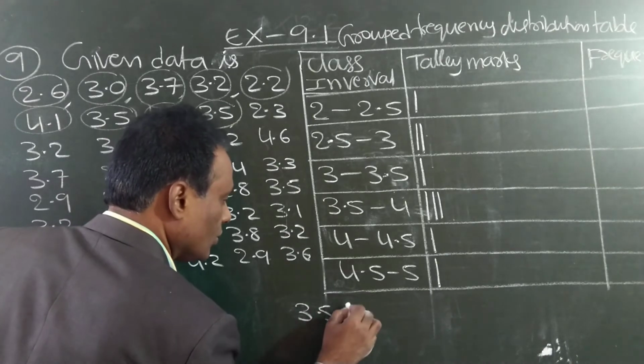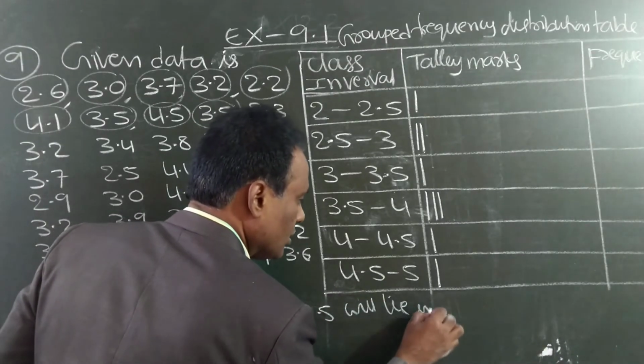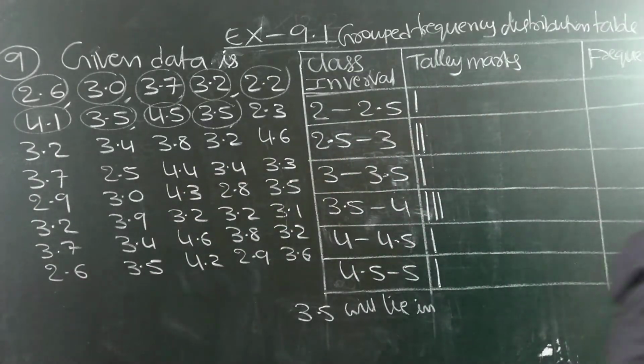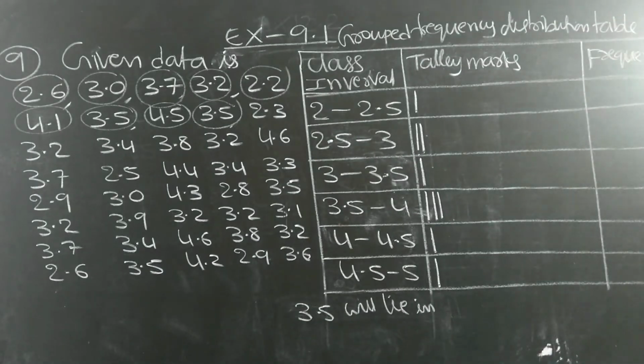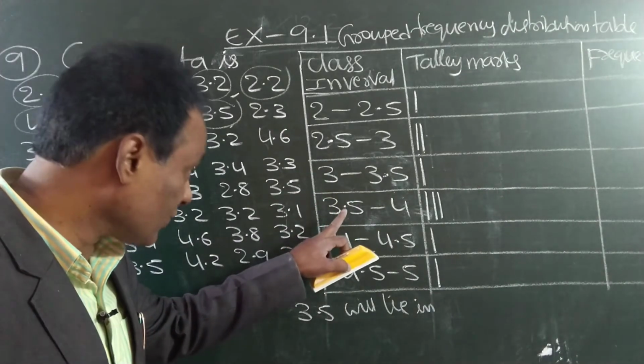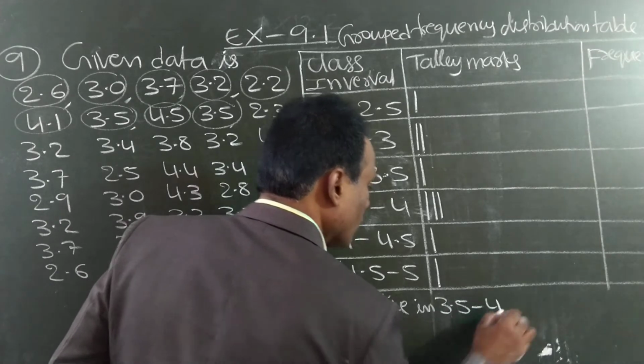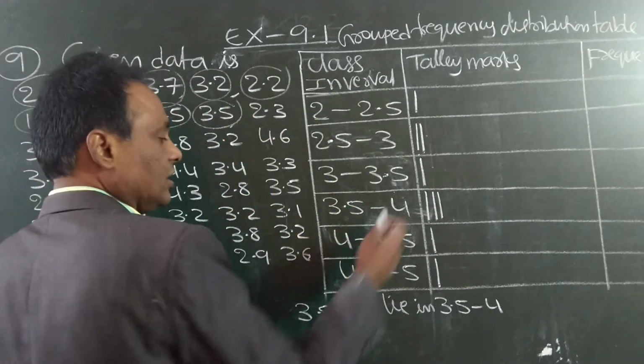3.5 will lie in which class, this class or this class? This one. Yesterday also we have written 3.5 to 4 in this.